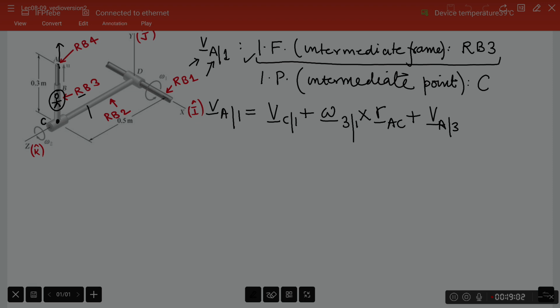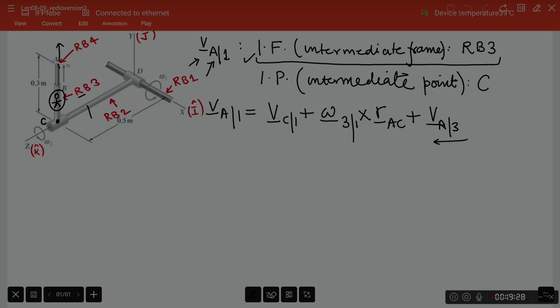Having written this expression, let's now sweep this equation from right to left and list what are the known quantities and what the unknown quantities are. If a quantity is known, we are ready to do calculations. There is nothing more to be done as far as formulation is concerned.